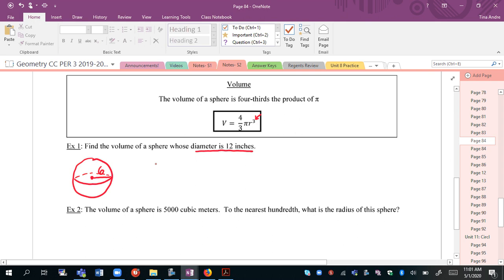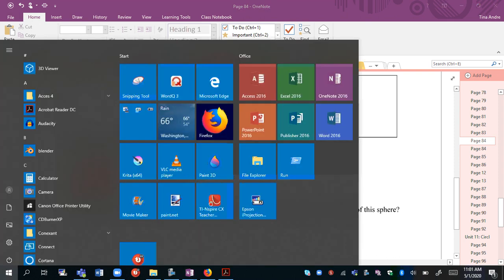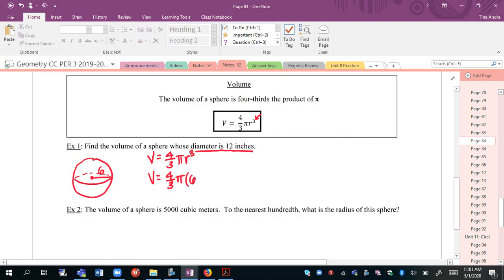When I write my formula, volume equals 4/3 pi r cubed. Be very conscious of writing cubed and not squared. So volume equals 4/3 pi, and then I'm going to plug in 6.